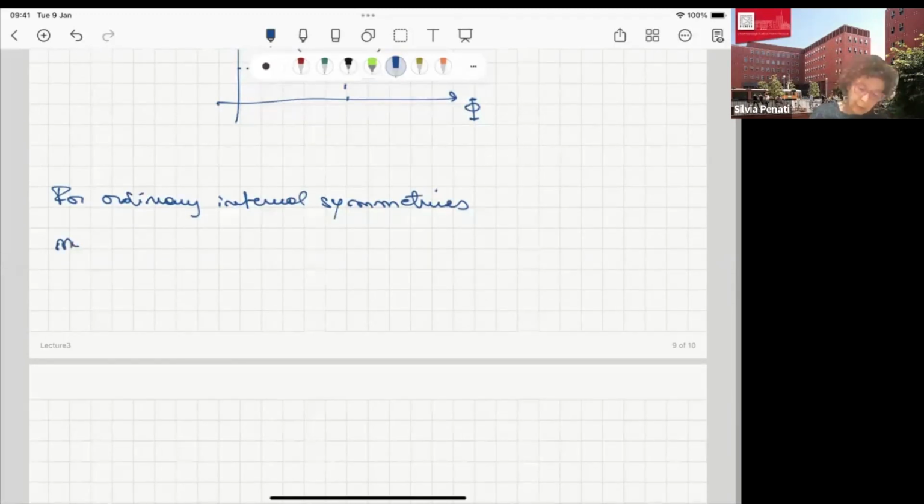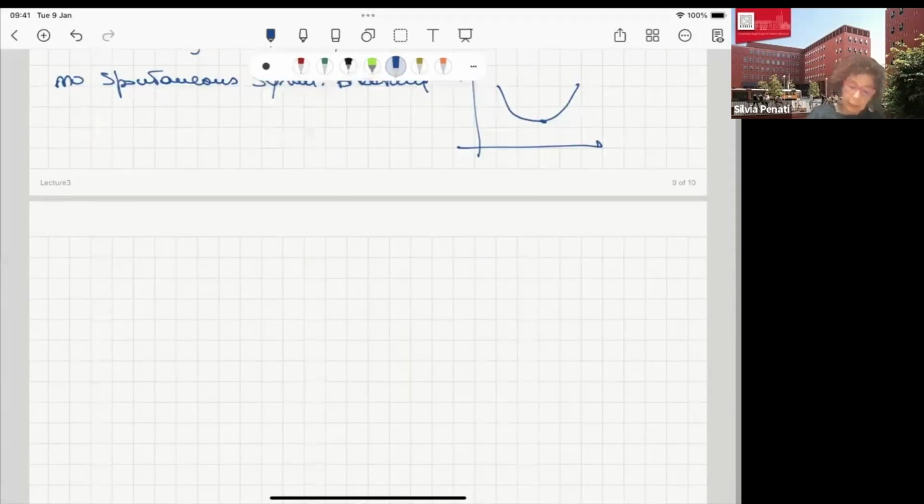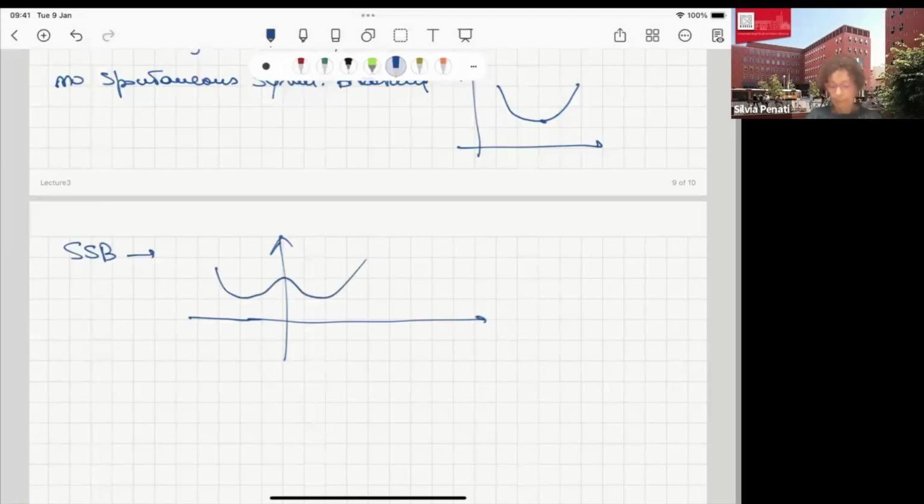no spontaneous symmetry breaking means, again, that the potential has a single minimum, can be whatever you want, but has to be a single minimum, whereas spontaneous symmetry breaking is realized when you have the general vacuum.